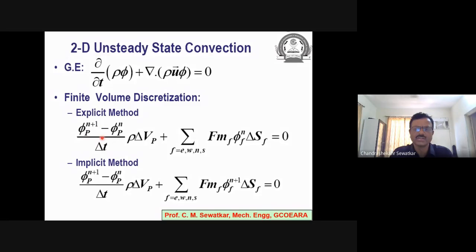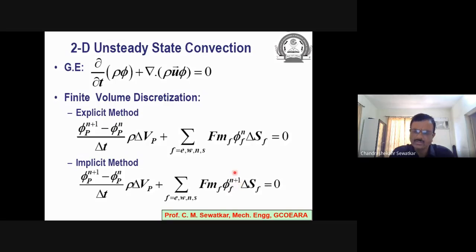Delta t, of course, has a limitation if I am using an explicit method. I will talk about that in the next slide. But if I write down this phi f, which is of course required to be determined using a convection scheme, using next level values, then this phi f cannot be determined directly.